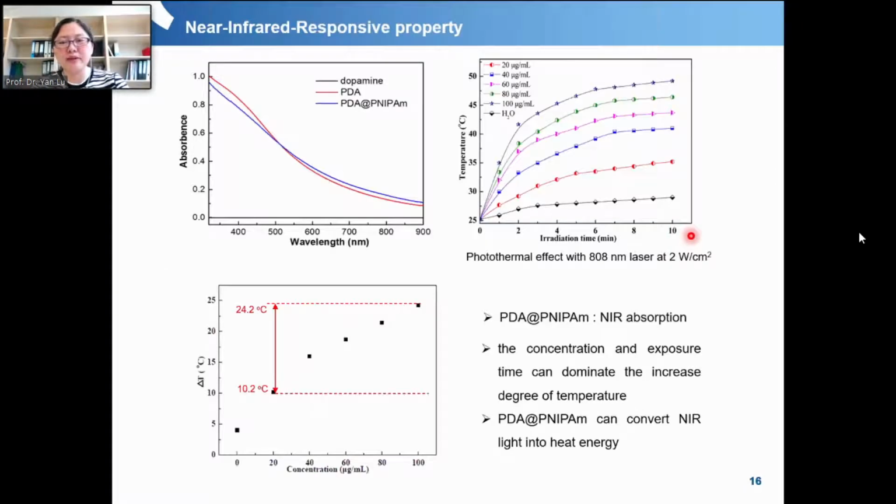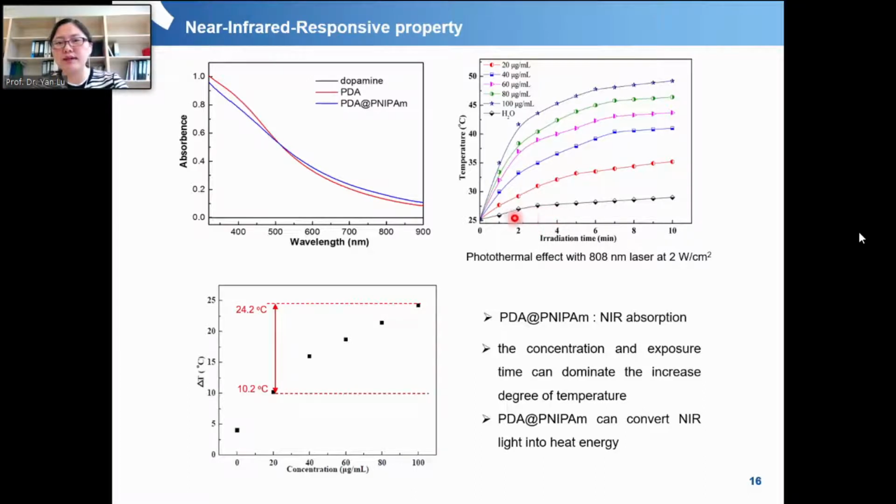And of course, you can investigate their photothermal behavior. In this case, we're trying to see the photothermal effect of these particles. On one side, of course, you change the concentration of your particles, and when you change the concentration, you can have an increase of the temperature of the system.